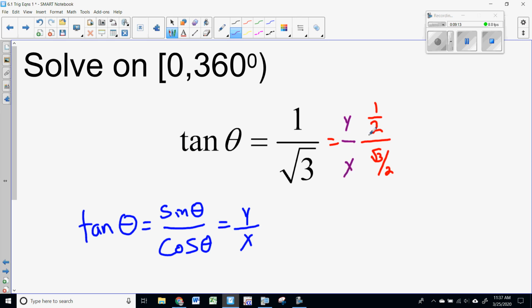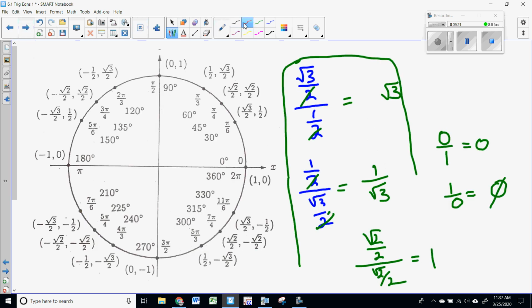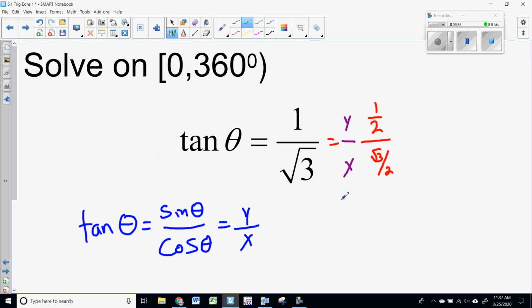And because it's positive, they either both have to be positive or both have to be negative. So if we look at our unit circle here, where is the y, 1/2, and the x, square root of 3 over 2? They either have to be both positive or both negative to get our answers. So our answers are 30 and 210.